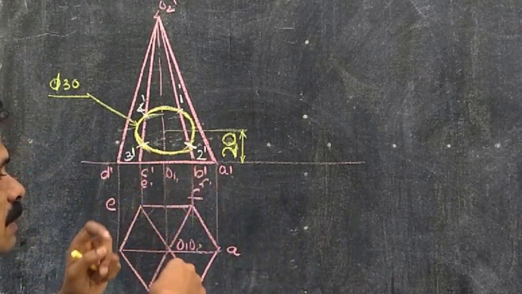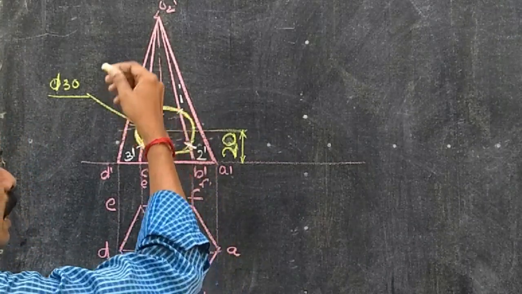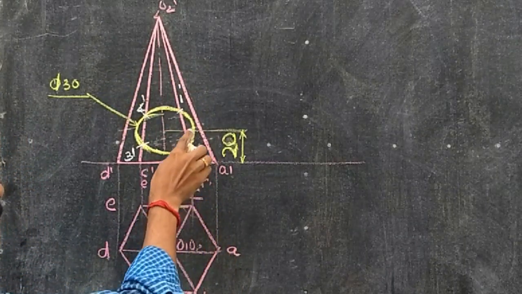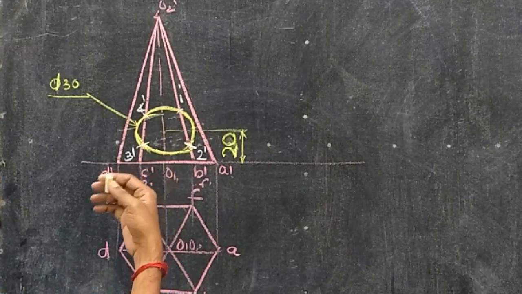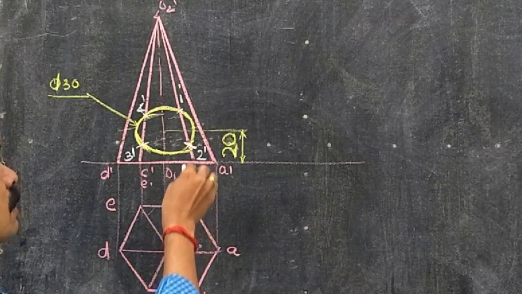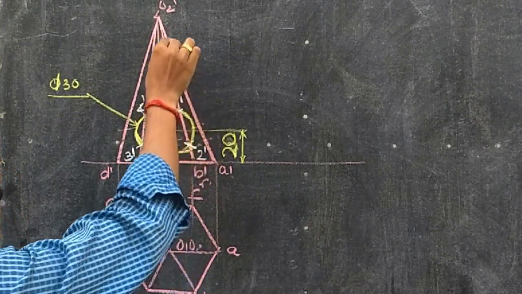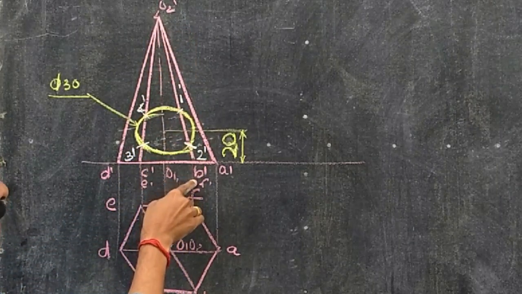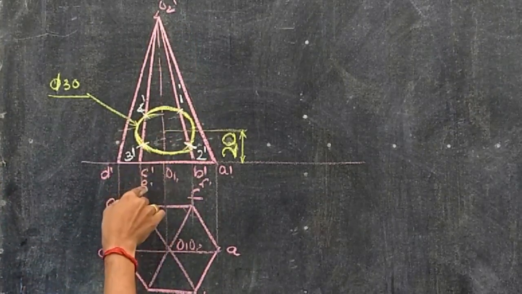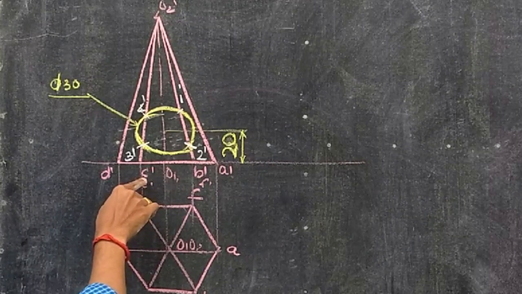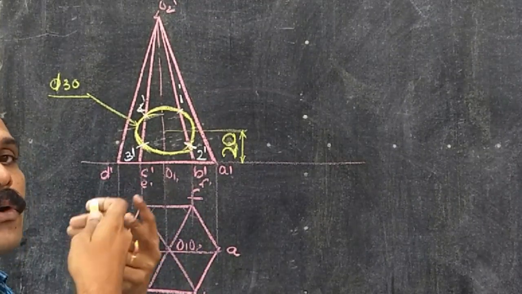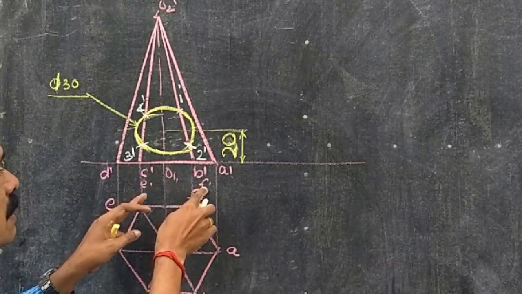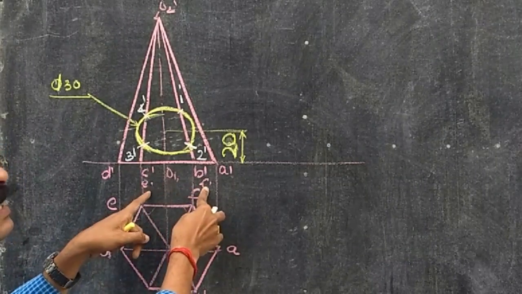These 1 and 2 are points on the generator, the slant edge B. Here 3 and 4 are taken on the slant edge C. Similarly, we will get 4 more points while considering the slant edges F and E.